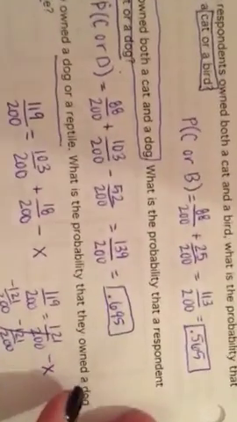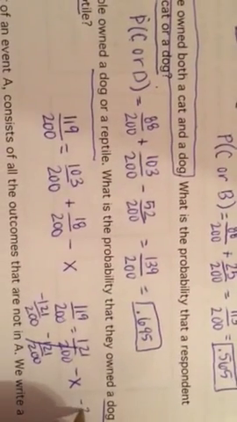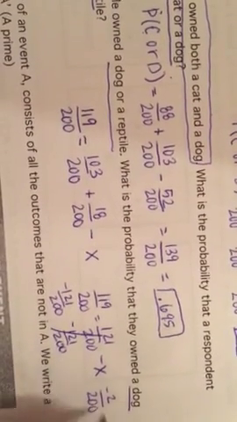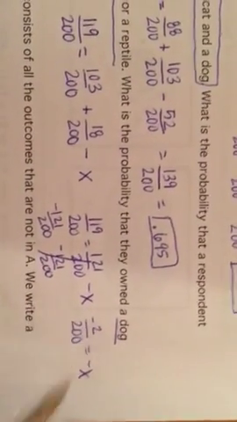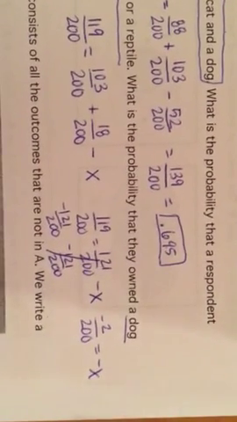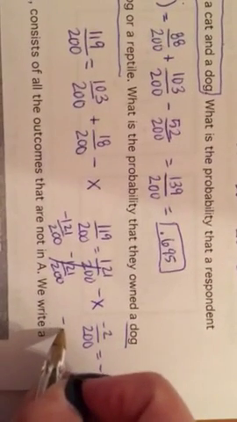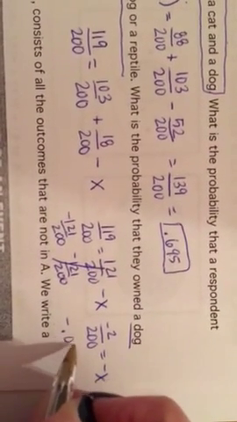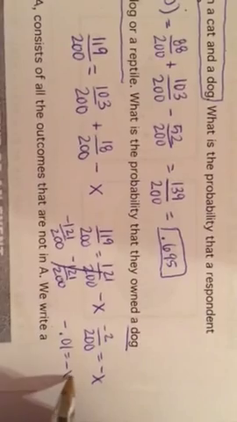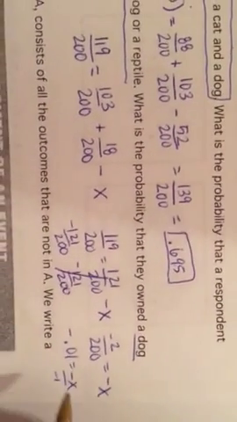Which will give me 119 minus 121, which is a negative 2 over 200 equals negative X. I'm going to divide out my negative 2 divided by 200, which gives me negative 0.01 equals my negative X, and divide both sides by negative 1.